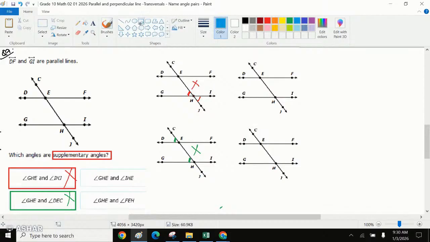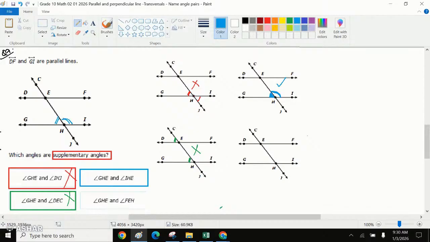Moving on further to the next, it says GHE and IHE. This means this angle is supplementing this angle. Yes, that means this angle is supplementary to this angle.